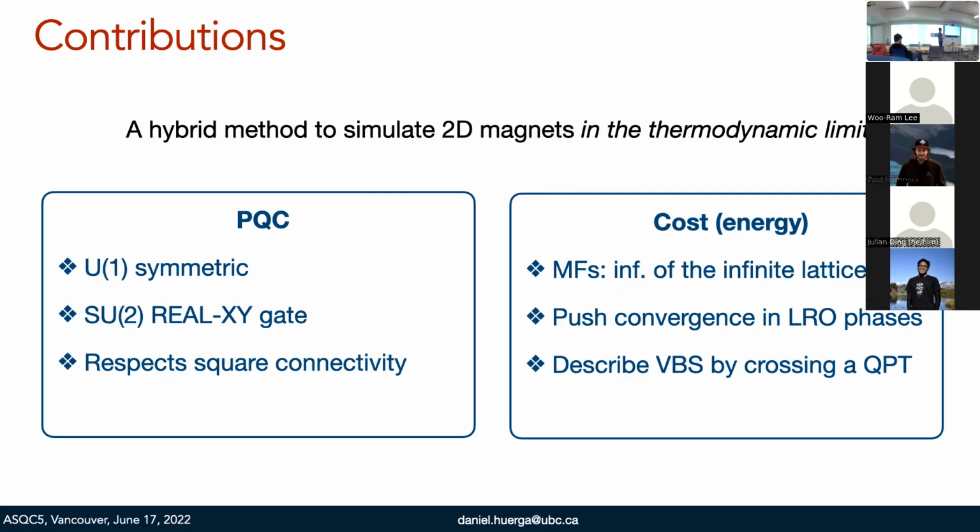And we can describe the valence-bond solid phase by tuning smoothly the target Hamiltonian, and then crossing a quantum phase transition that we saw was first order, but as we increase the number of macro layers, we could see that it was tending towards weakly first order, we hope second order.